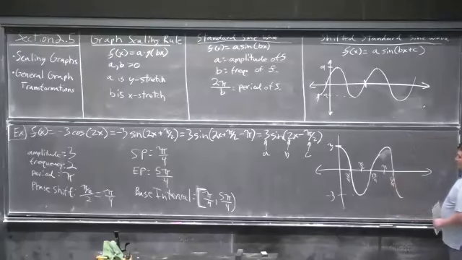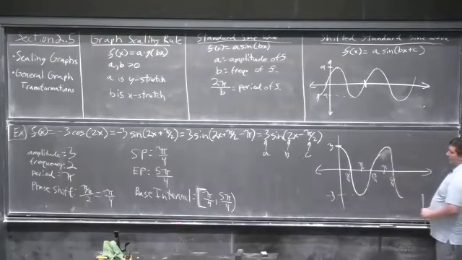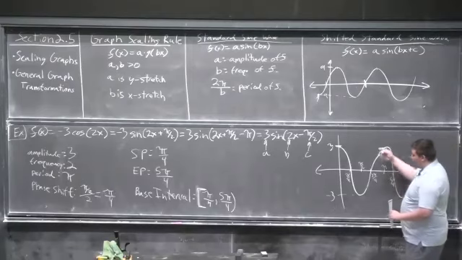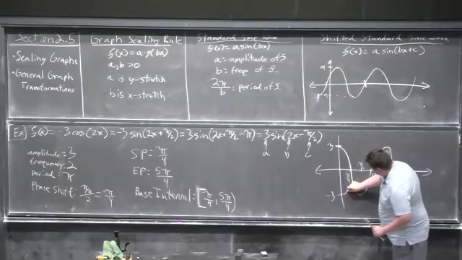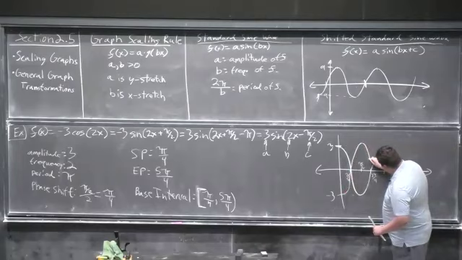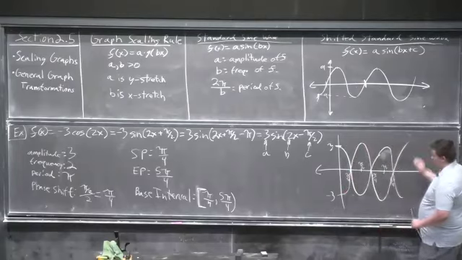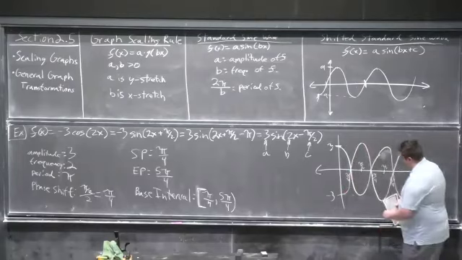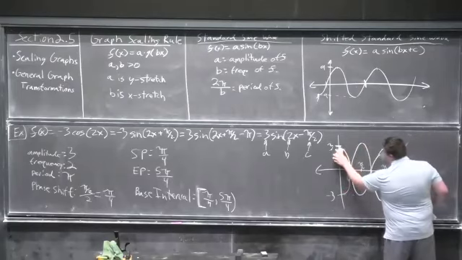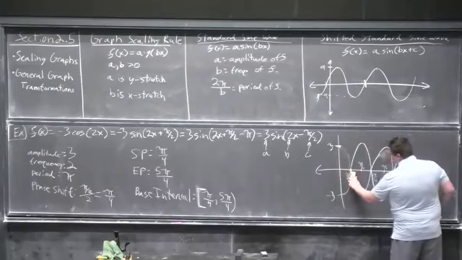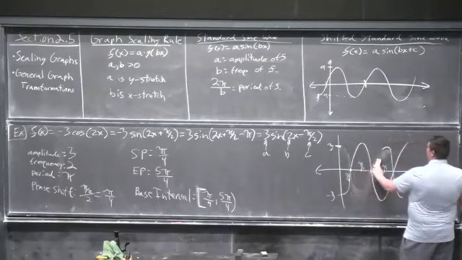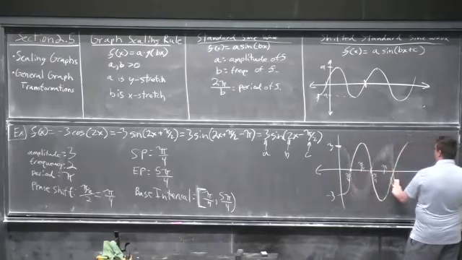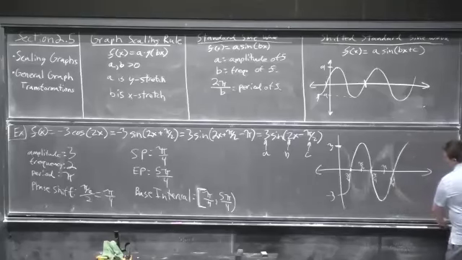So we're interested in, oh, sorry, I drew the positive. We're negative, so it goes like this instead. So let me erase the positive one because we had a -3 in front of our cosine. So we have this.